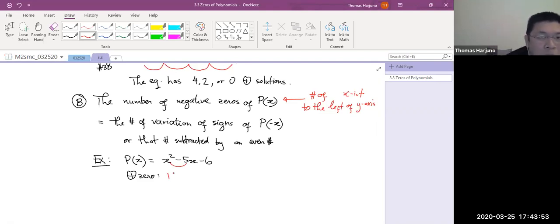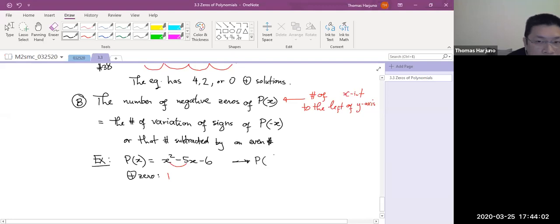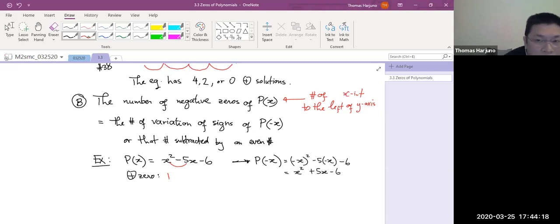Okay, now let's take a look at what happens if we observe P(negative x). That's negative x being squared, minus 5 times negative x, minus 6. That will be x squared plus 5x minus 6. Now let's take a look at how many times the sign changes.